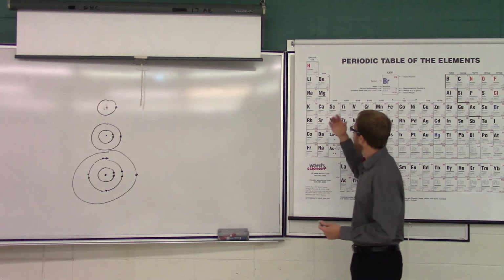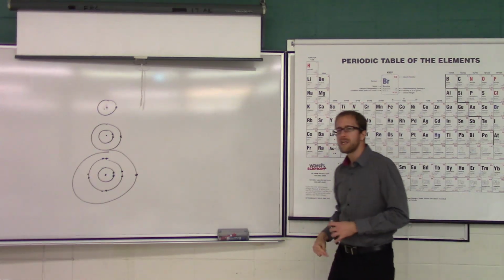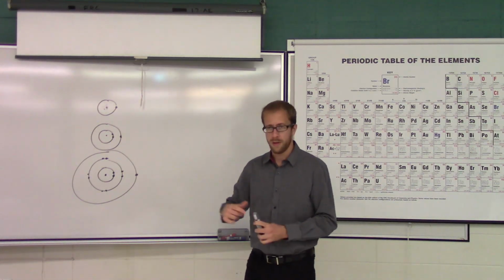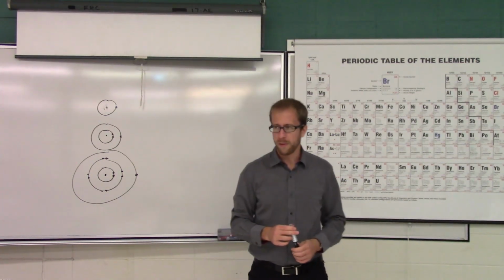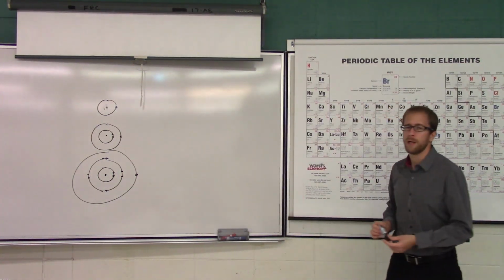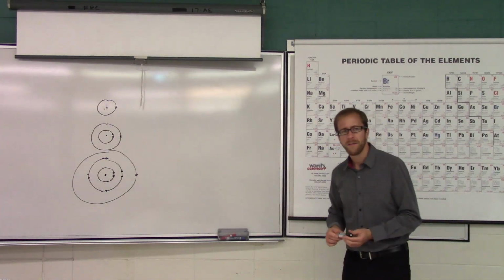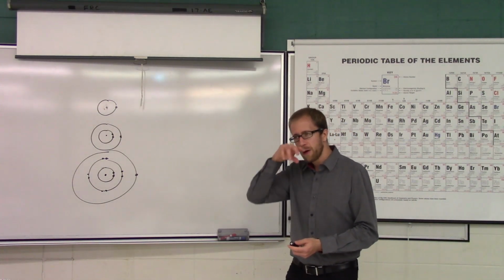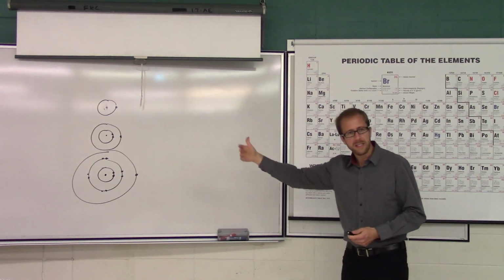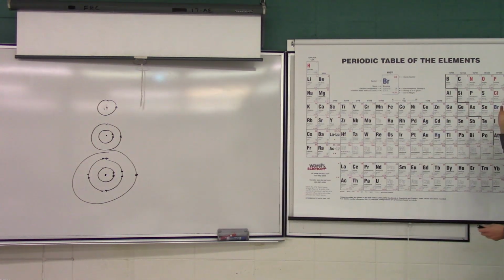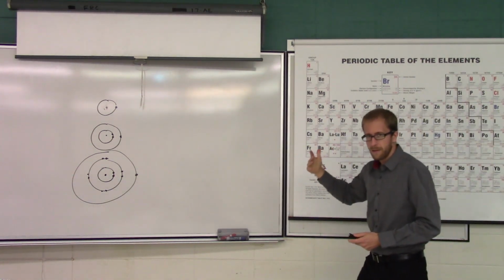If you look at beryllium, magnesium, calcium, there are two valence electrons. How about the boron group? If you look at boron and aluminum, what do you see? They have three. Carbon 4, nitrogen 5, oxygen 6, fluorine 7, and neon 8.